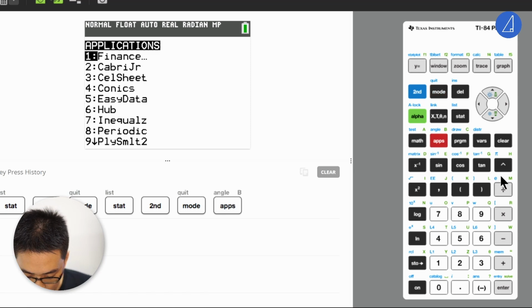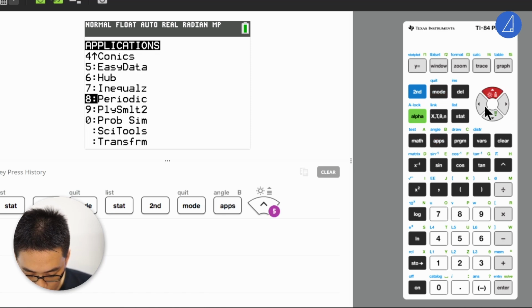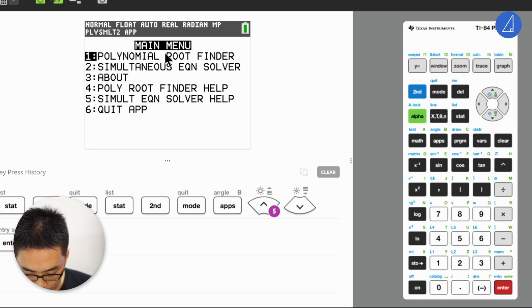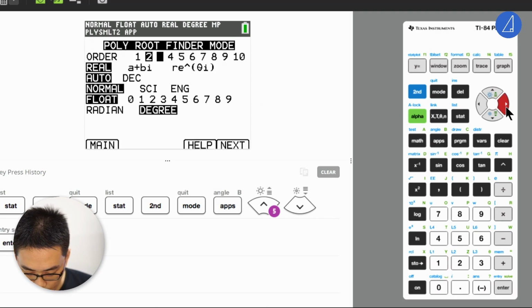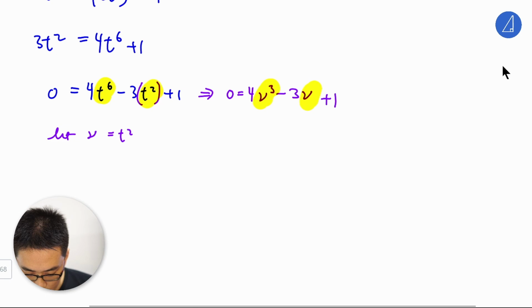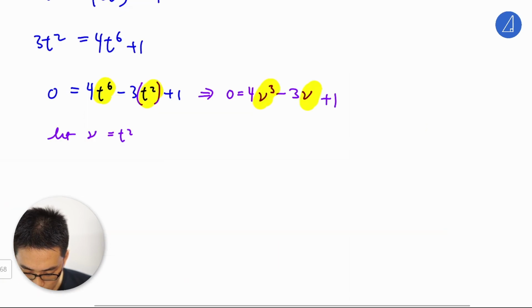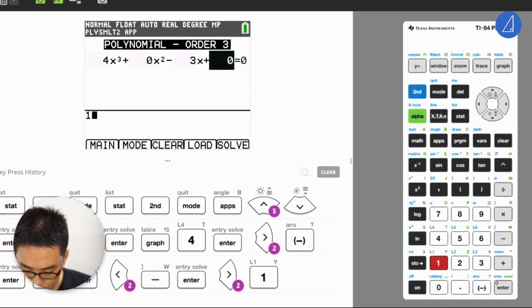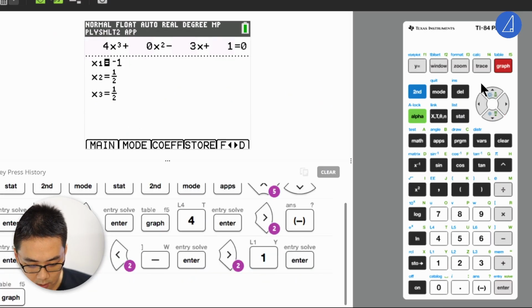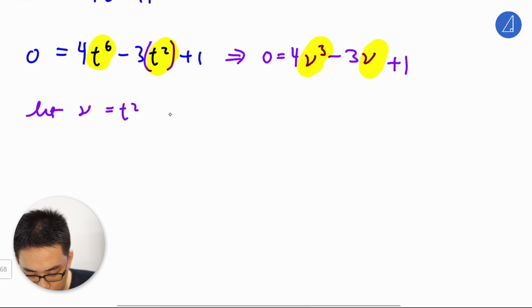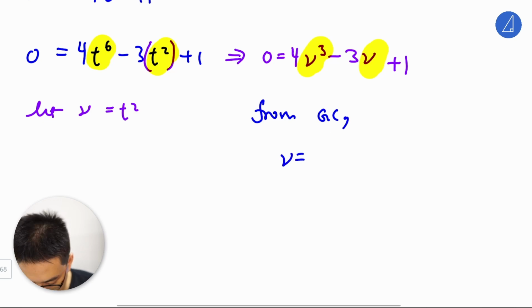So here go to apps, polynomial root finder. Go to degree of 3. Then 4, -3, 0, 1. Take the negative half from the GC. v equals -1/2.